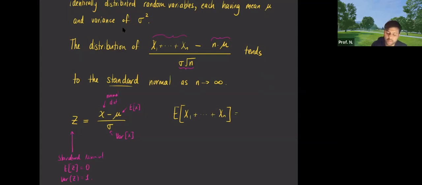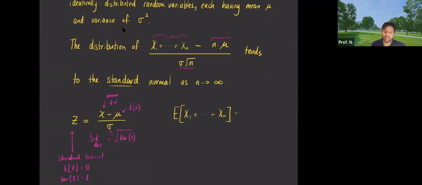Oh, you're right. Pardon me. So this was the square root of the variance, which is the standard deviation. That's right. I didn't mean to say variance. I meant to say the square root of the variance. But thank you.